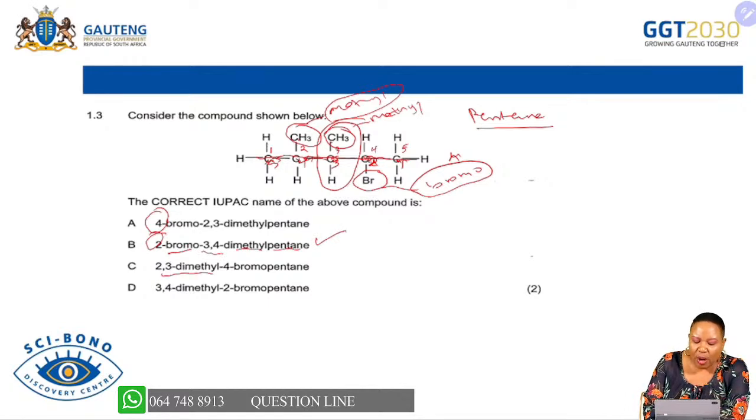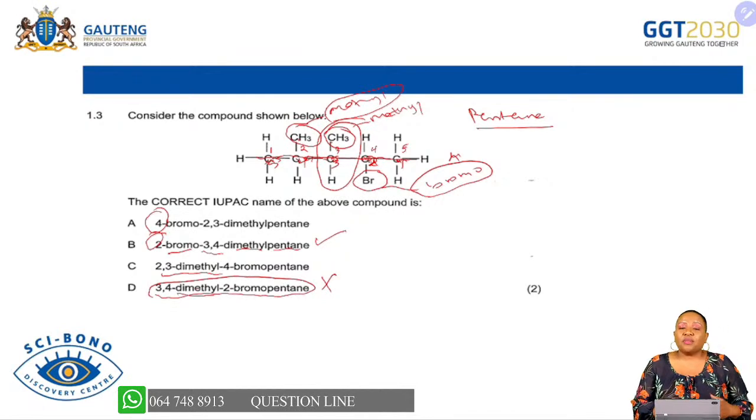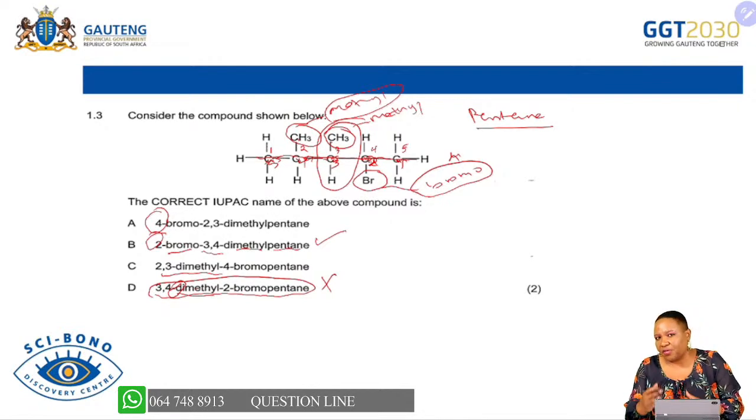And then this one started by naming, but it didn't name alphabetically. Even if this one was supposed to be correct, it is incorrect because it started with methyl. Remember, we always name alphabetically, and we know that di is just to indicate the number. We don't include di in terms of alphabetical preference in naming.